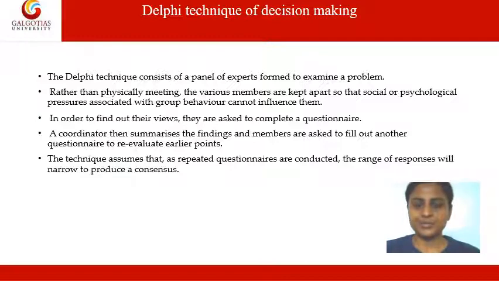After the first round, when everybody has filled their questionnaires, these are returned to the facilitator. The facilitator prepares a summary of the information that he received from all the experts in the first round. This summary is shared with all the members of the group.